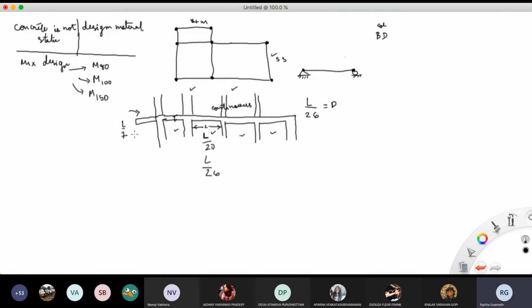We generally don't, for balconies, give more than 1.5 meters. But let's say you have a big huge canopy or something like that. Whatever the length divided by 7 is the beam depth for a cantilever beam. Okay.